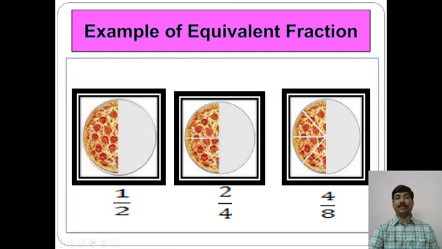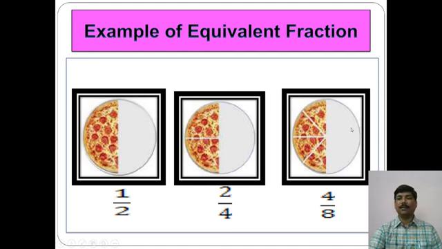This is the whole, and these are equal parts, so this part will be 1 by 2. If we divide this part into two equal parts in this way, the whole is divided into four equal parts. Here we are taking two parts, so the fraction will be 2 upon 4.